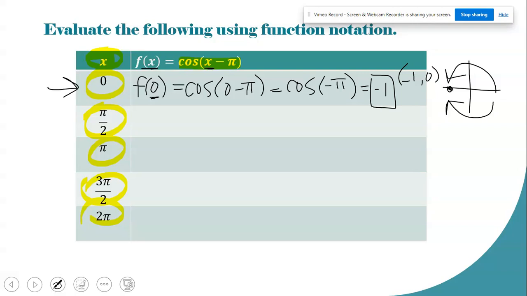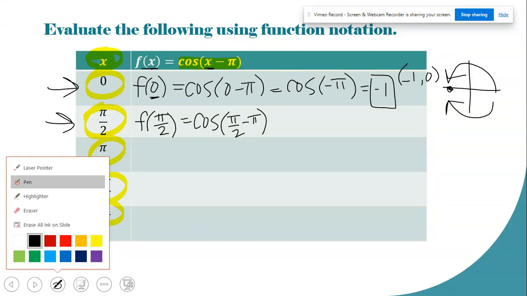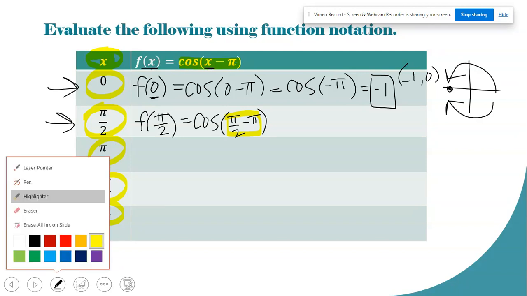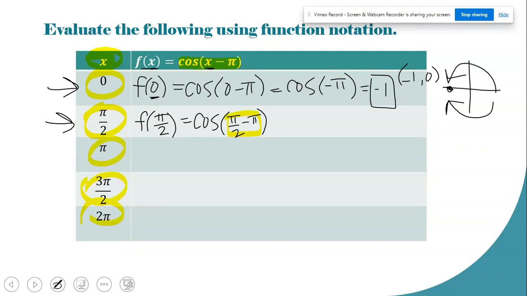When I plug in pi over 2 for x, that's what f of pi over 2 means. It means I'm going to have cosine of pi over 2 take away pi. In order to actually do what is inside these parentheses, you need a common denominator. So to do that, we're going to multiply pi by 2 over 2.